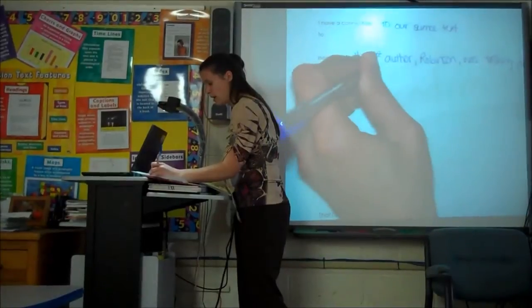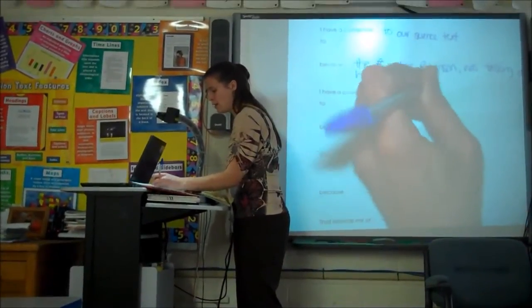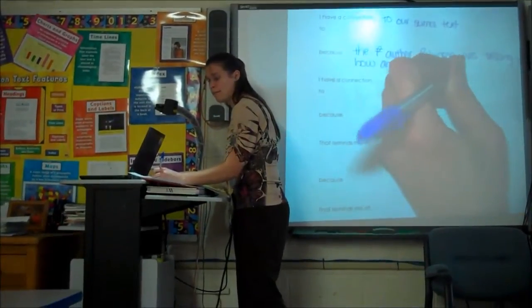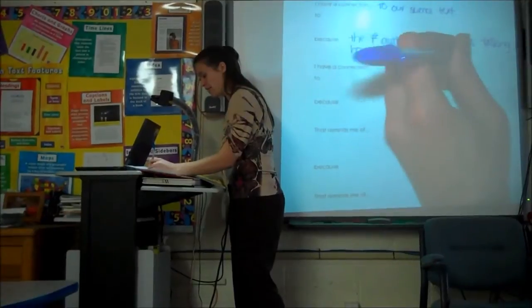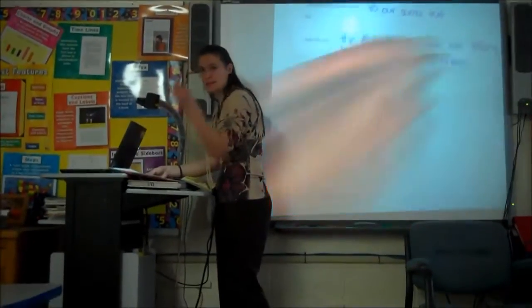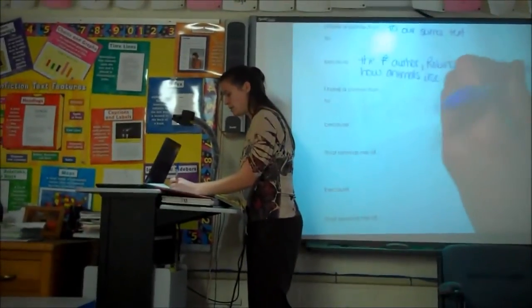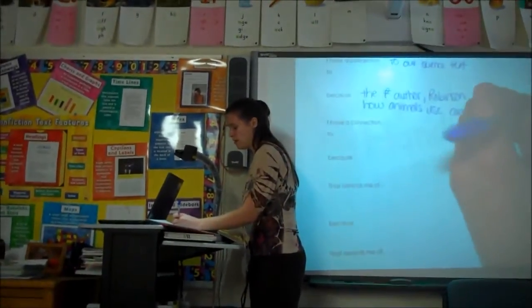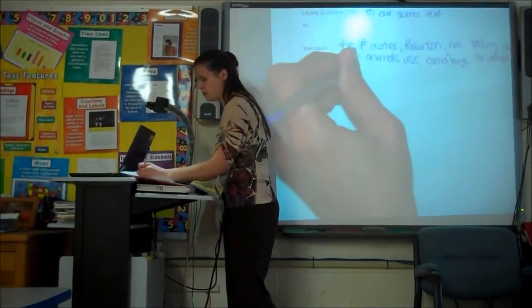How animals, you say it with me. Adaptation. Oh, that's the other word I was thinking. I've heard someone say camouflage. And I heard someone say adaptation. So I can say how animals use camouflage to adapt, like in our science book.